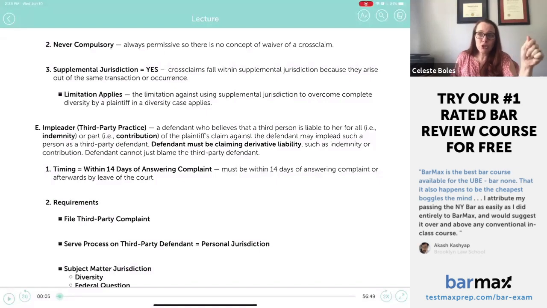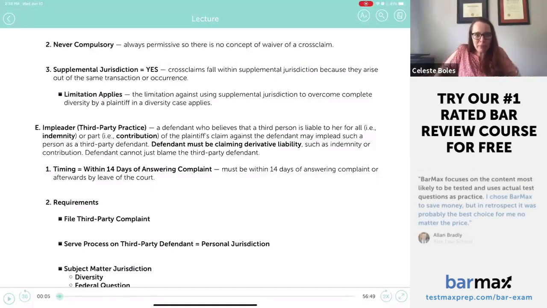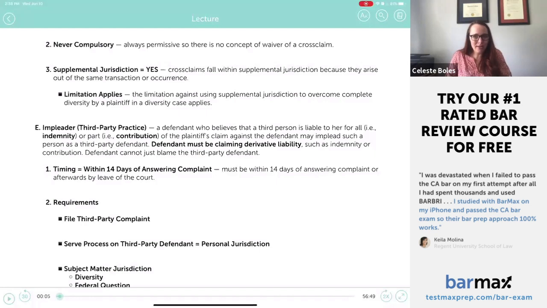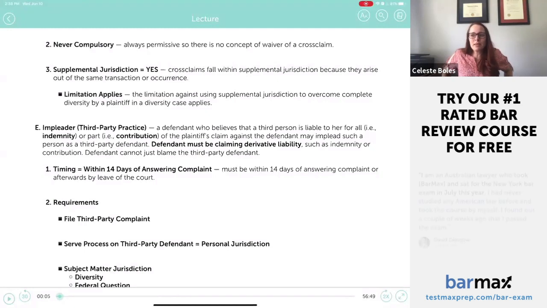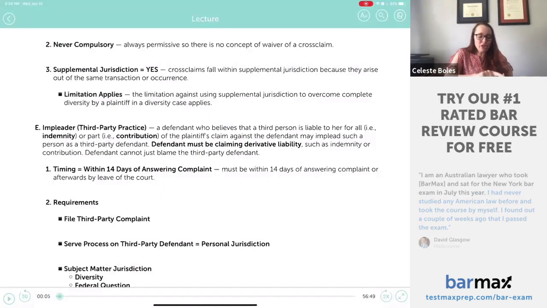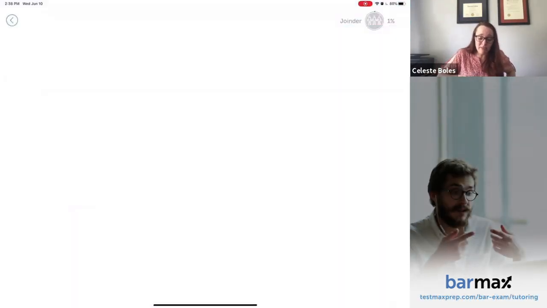But preclusion was tested in one essay question, February 2013, and let me tell you, that question is good, and by good, I mean difficult. It tests both issue preclusion and claim preclusion, res judicata and collateral estoppel both, and it tests both the defensive and offensive uses of issue preclusion, which is a particularly tough issue.